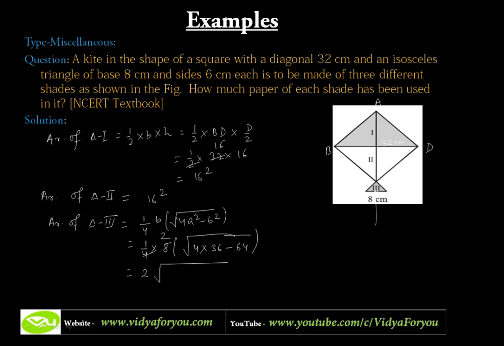Let's take 4 common, so this will be 36 minus 16, then take 2 outside, so this will be 20. Just add all, so basically yeah, that's it. You got the area of each triangle separately.